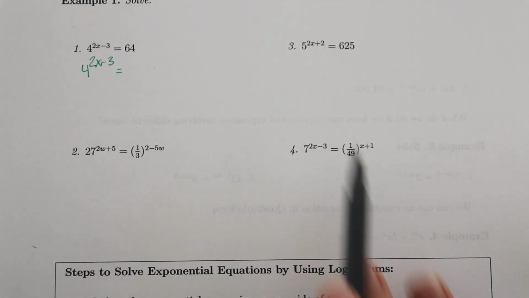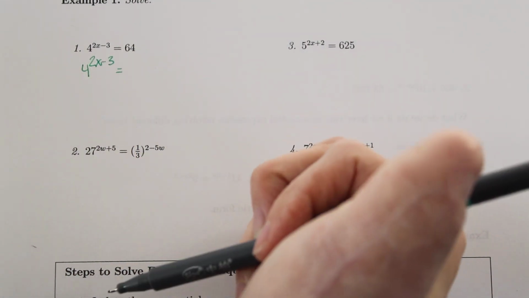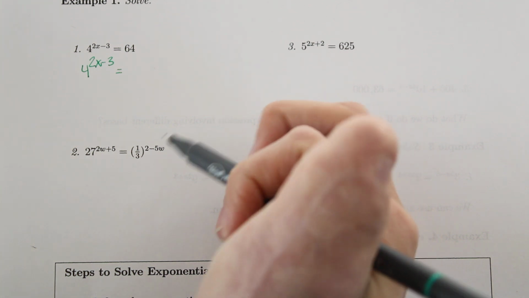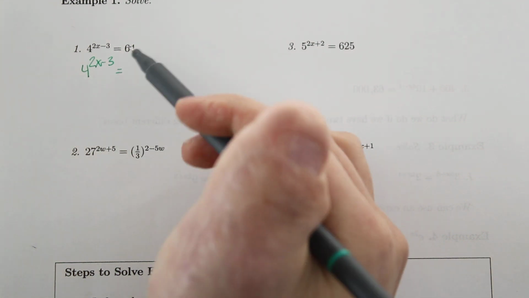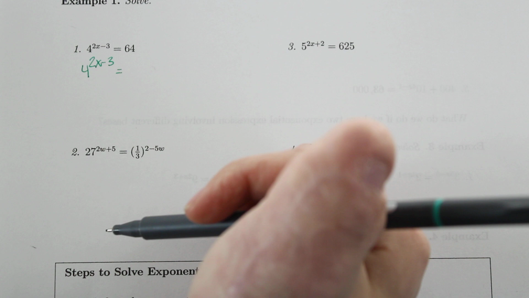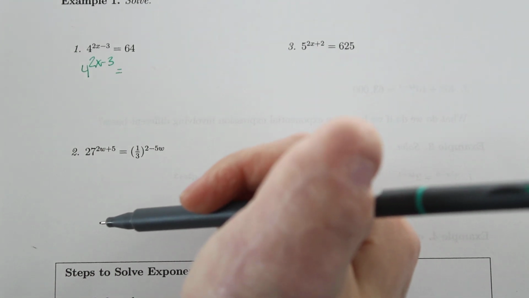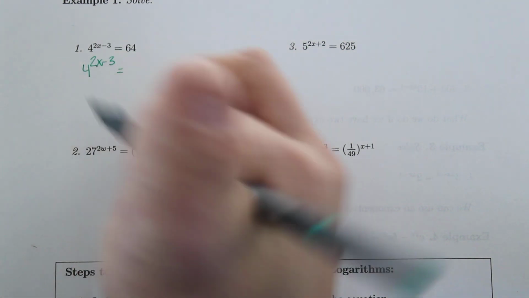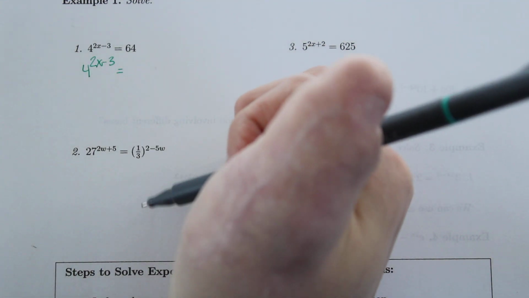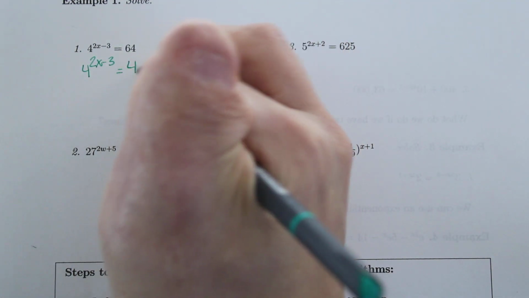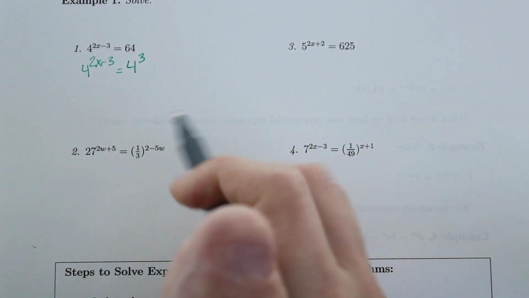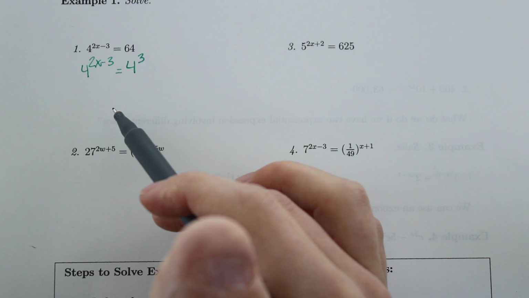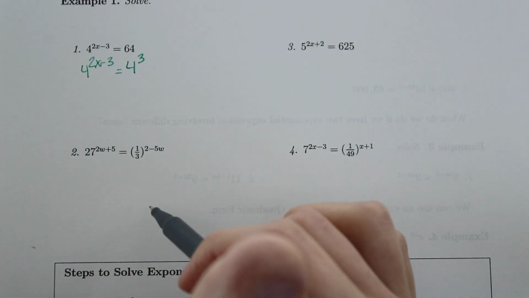The first one is 4 to the 2x minus 3 power is equal to 64. The best way to do this is to rewrite 64 as 4 to some power. In fact, it's 4 cubed. Now we have two exponents with the same base of 4.